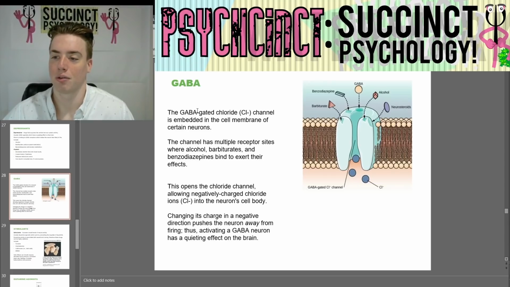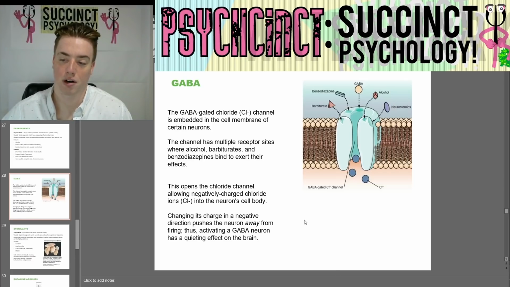All right, so what is GABA? The GABA-gated chloride, or Cl- channel, is embedded in the cell membrane of certain neurons. The channel has multiple receptor sites where alcohol, barbiturates, and benzodiazepines bind to exert their effects. This opens a chloride channel, allowing negatively charged chloride ions, Cl-, into the neuron cell body.